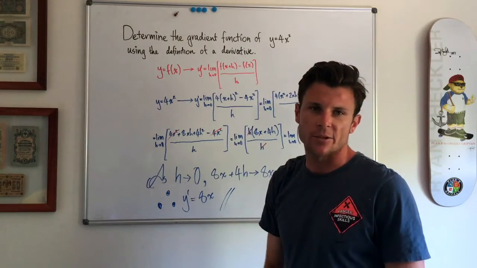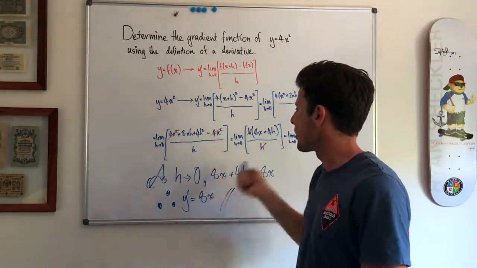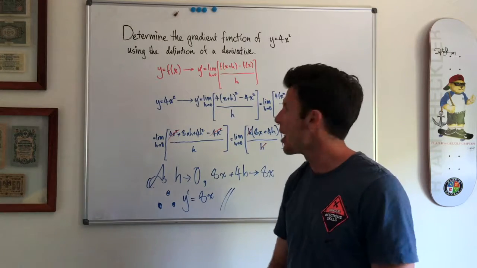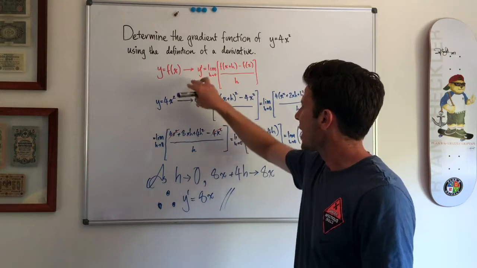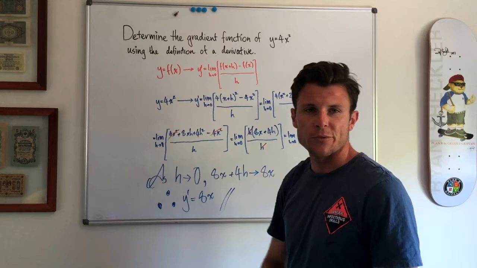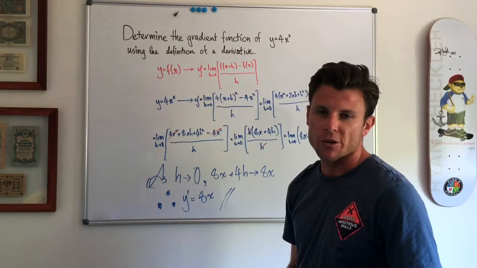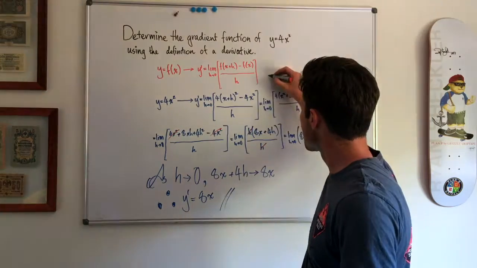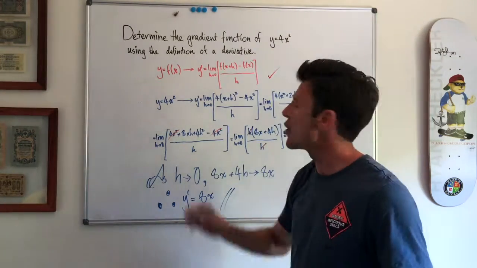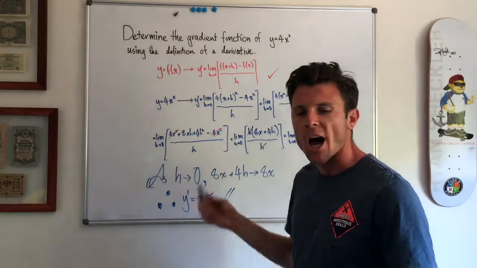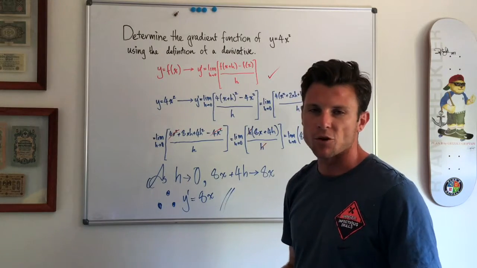The reason I like to do that is if I cook up the algebra in the second step, the teacher is going to go, he knows what the definition of a derivative is. So that makes the teacher more confident or feel better about giving me a mark for that. I know what the definition of a derivative is, I just don't know how to do the algebra that a 12-year-old should know.